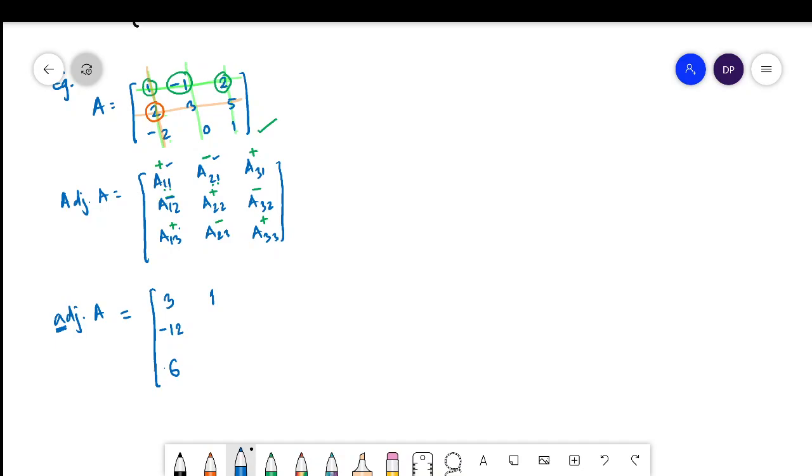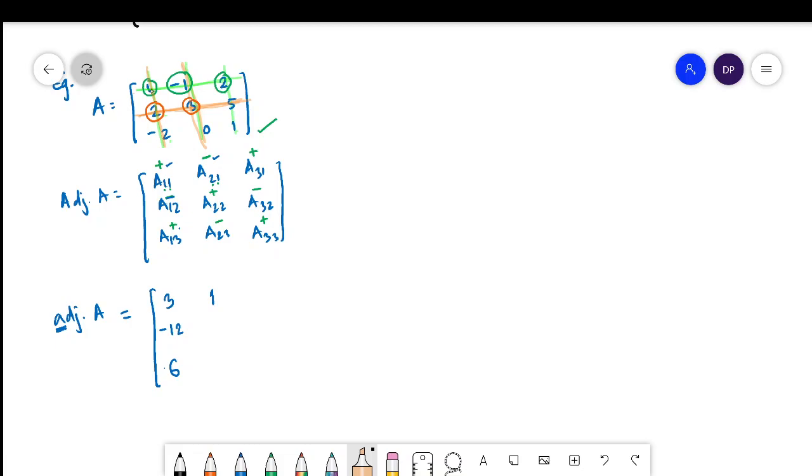Again, find the cofactor of this element. In order to find the cofactor of that element, delete this column and this row and find the determinant of the remaining elements. So 1 times 1 is 1 plus 10 is 11, not 12. Okay, so we delete this row and this column, isn't it?